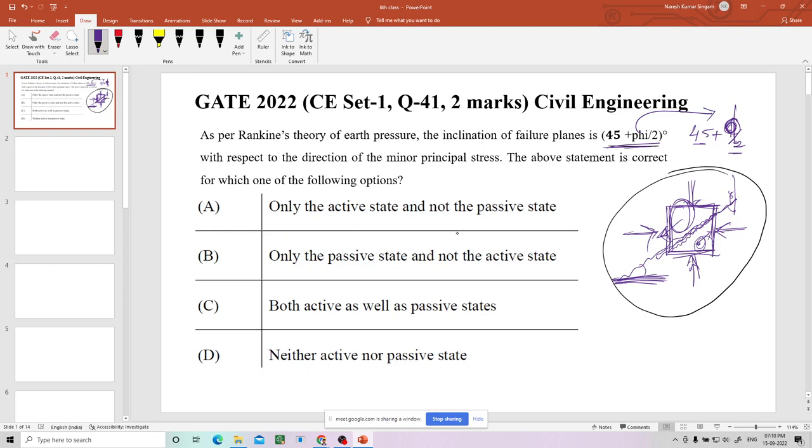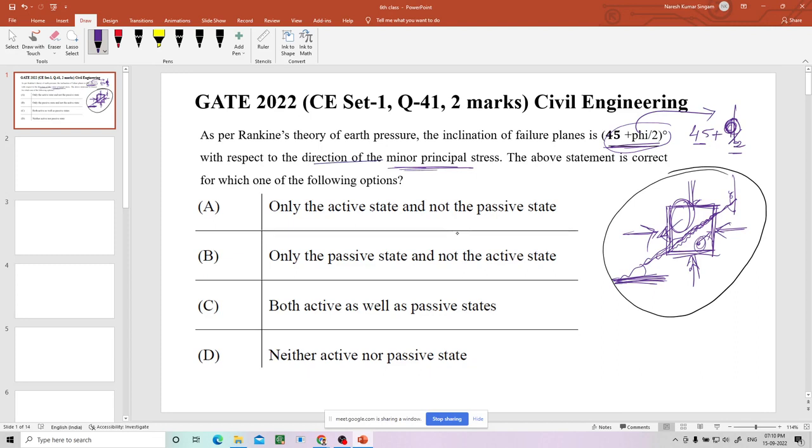It fails into two parts. Along one plane it shears. That plane has some inclination to the horizontal line and vertical line. He is saying that the angle is 45 plus phi by 2 with respect to the direction of the minor principal stress. You remember this.